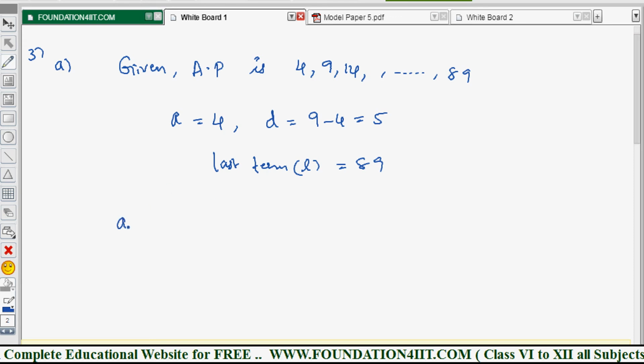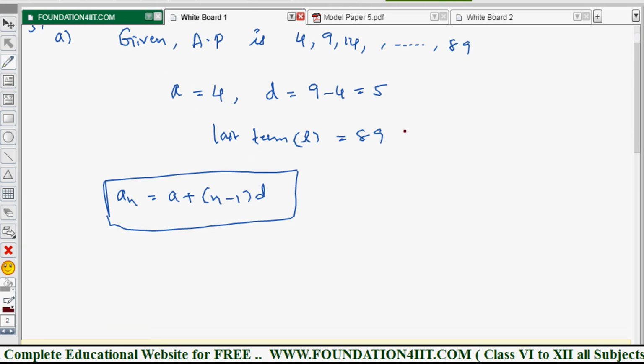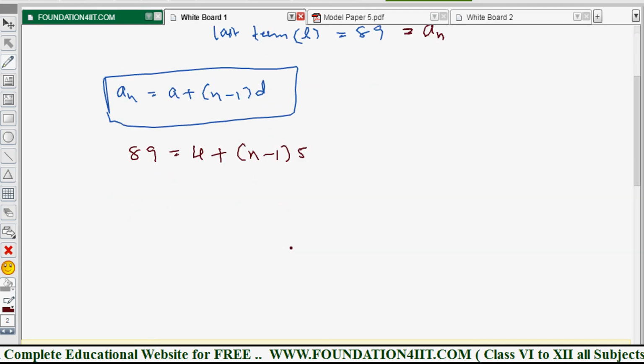We know the formula an is equal to a plus n minus 1 into d. Let us apply this formula to find the number of terms. An is the last term, 89, so 89 is equal to 4 plus n minus 1 into 5.